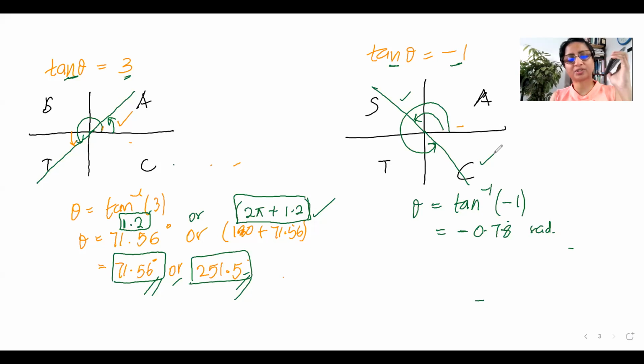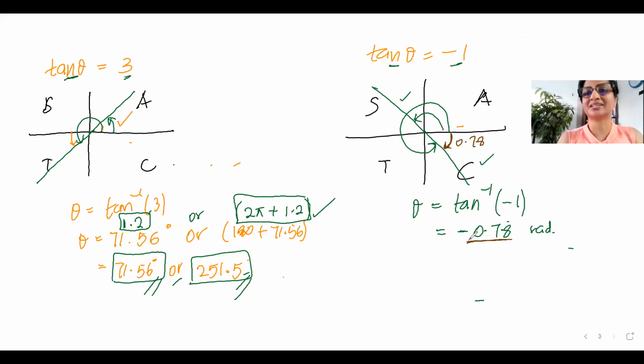Fourth quadrant, negative 0.78. But it's not in my range. I can't give my answer as that, because I need answers in the range 0 to 2 pi. It's negative, so I have to figure it out as a positive.